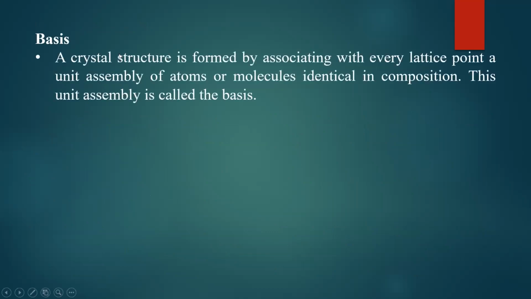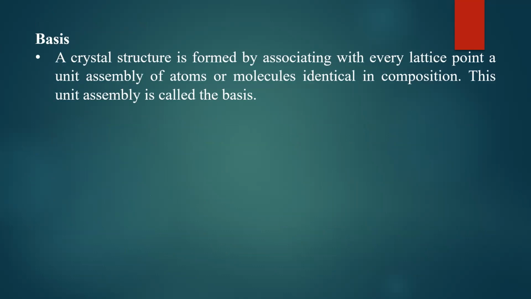I will show you an example after taking the meaning of basis. Basis means the crystal structure is formed by associating with every lattice point a unit assembly of atoms or molecules identical in composition.